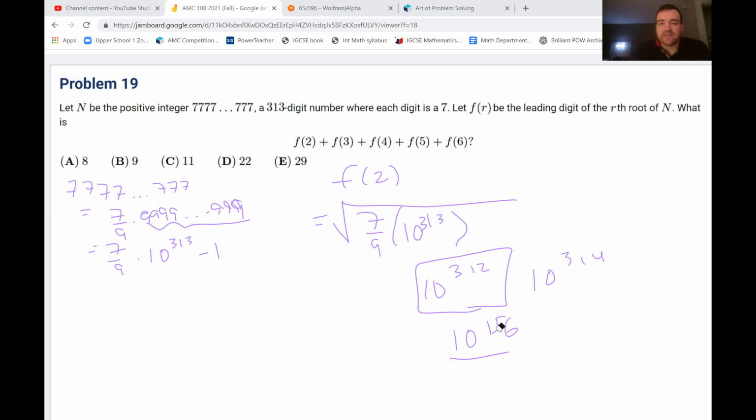But we still have that extra 10 left underneath the square root. So we're really left with the square root of 70 over 9.